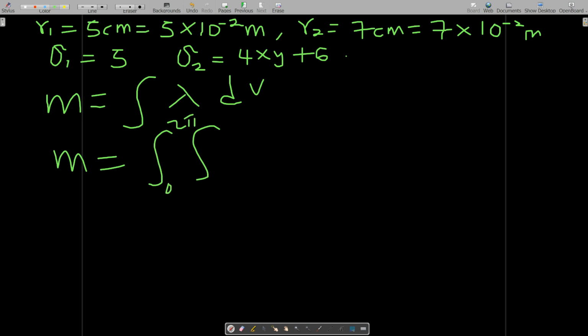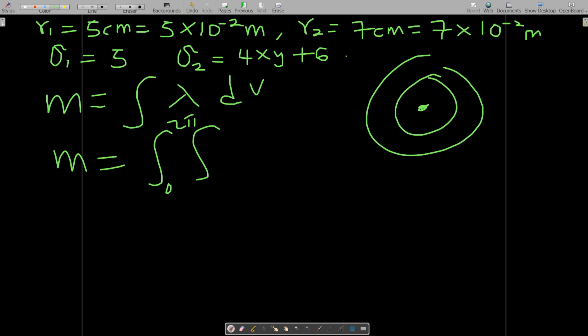If you remember in our last discussion, we said 0 to 2 pi, then 0 to the radius. But here the radius is given in 2 terms, since the middle parts are not part of the ring.